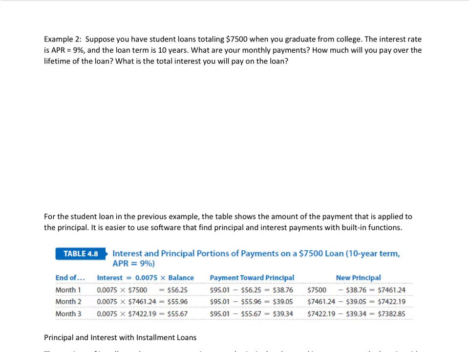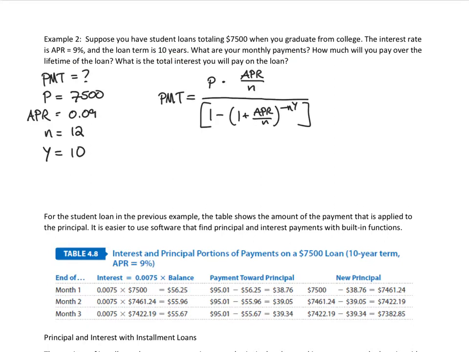Let's do the first one first. What is your monthly payment if you have a principal of $7,500, an APR of 9%, and a loan term that is 10 years with monthly payments? So here is all of the information that the example gives us, and here is the formula that we are supposed to use to figure out the payment for a loan.